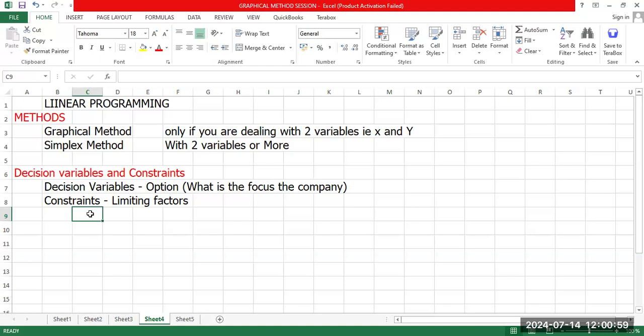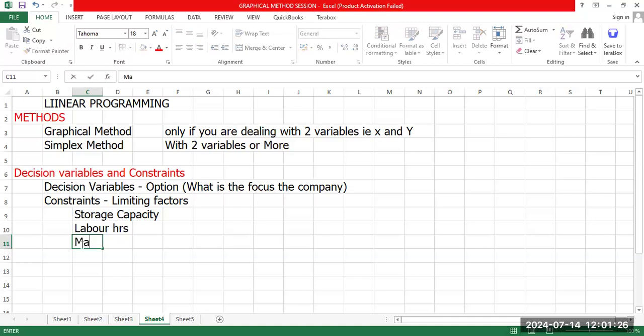Talk about storage capacity as one of your constraints. Talk about labor hours: you may find that you're limited by the number of hours available.